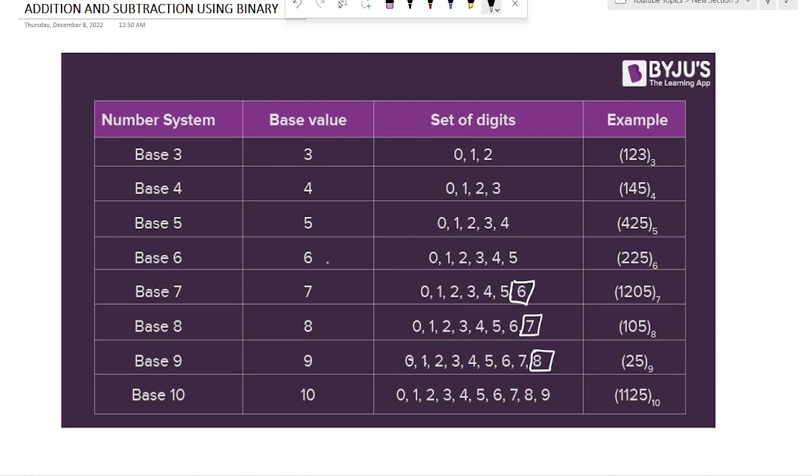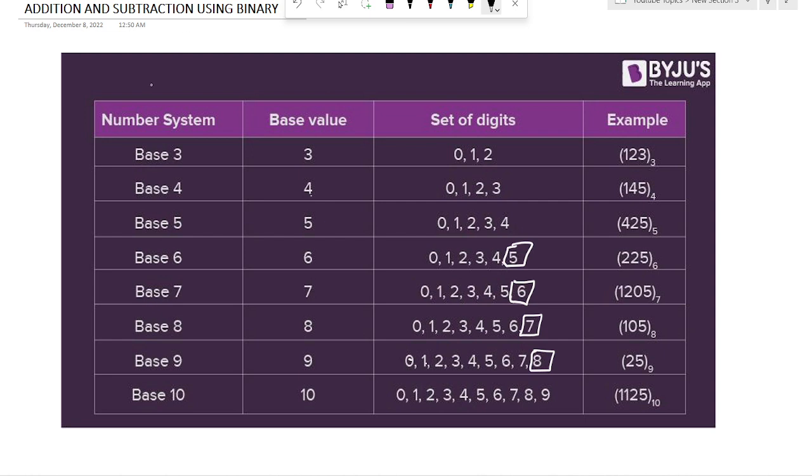Whenever we have a particular base, for example base 6, the largest digit is always one step away from the base. So the largest digit is 5, and it's 1 less than 6. For base 5, the largest digit is 4, and it's 1 less than 5. So you don't use any digits beyond 4 to do calculations in base 5.